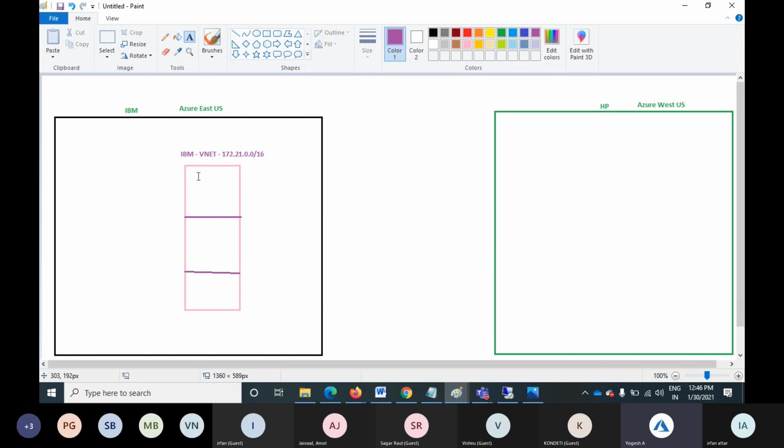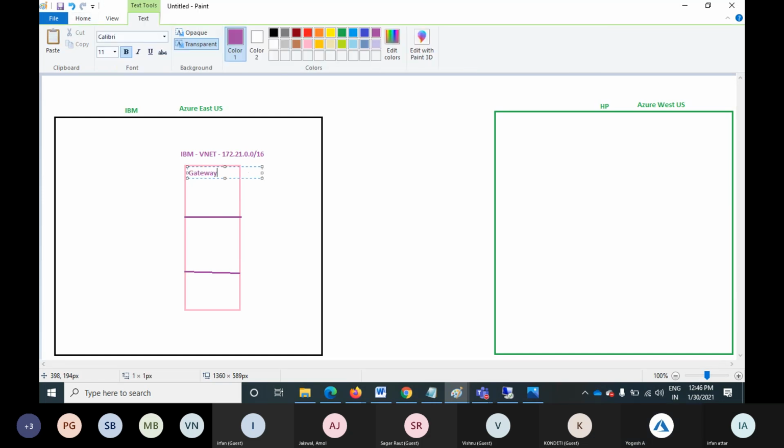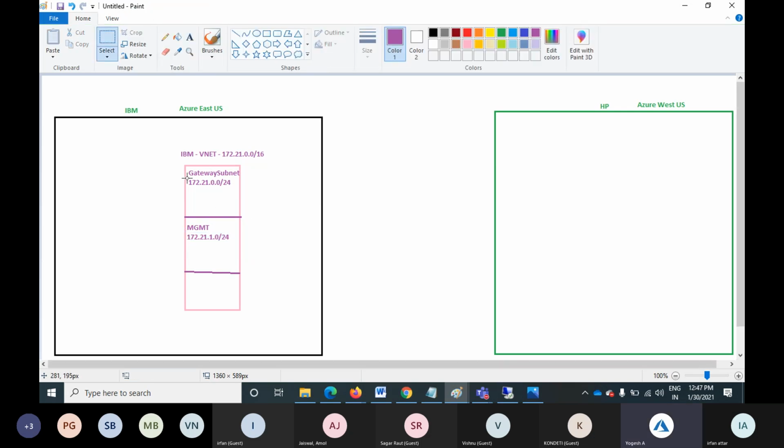I have to create a gateway subnet, /24. And again, I have a management subnet where I want to deploy some terminal server, 172.21.1.0/24, and we'll configure 2.0 here.